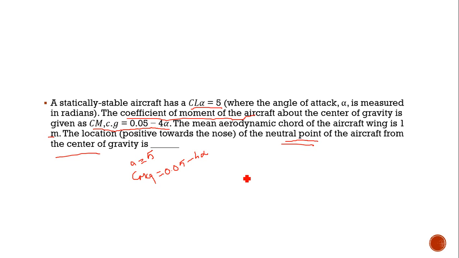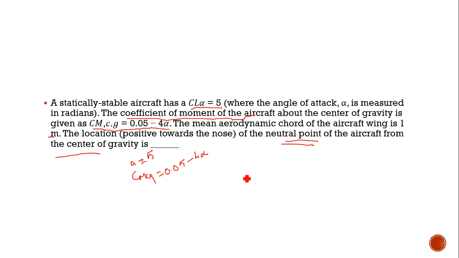Whether you are able to solve it or I need to help. Do you guys need my help for solving this sum? Do you have the formula for the static margin and the neutral point sum? Did you note down that formula?